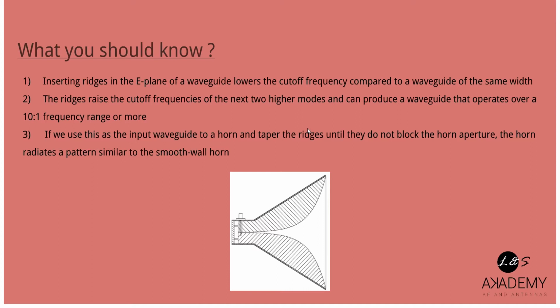In other words, as we said in the introduction video, a good way to widen our bandwidth is by inserting ridges inside our waveguide and inside the aperture, as you can see in the figure below. This is a good technique to expand the frequency band of our antenna.